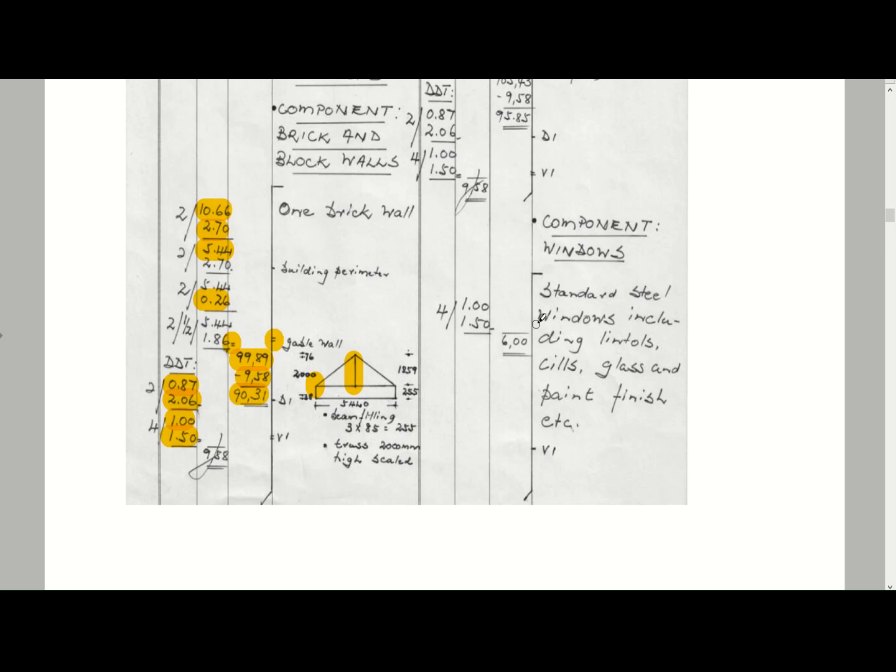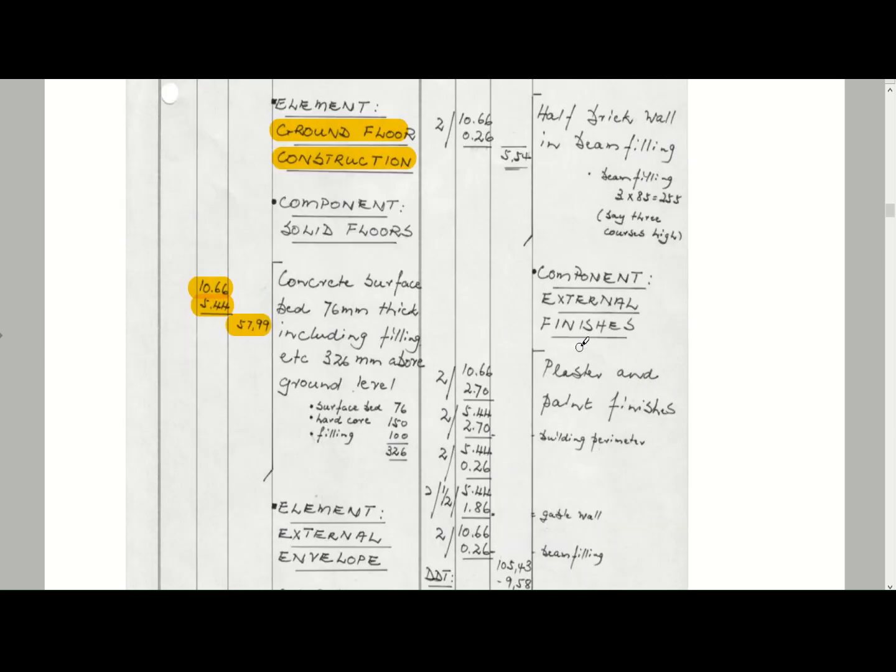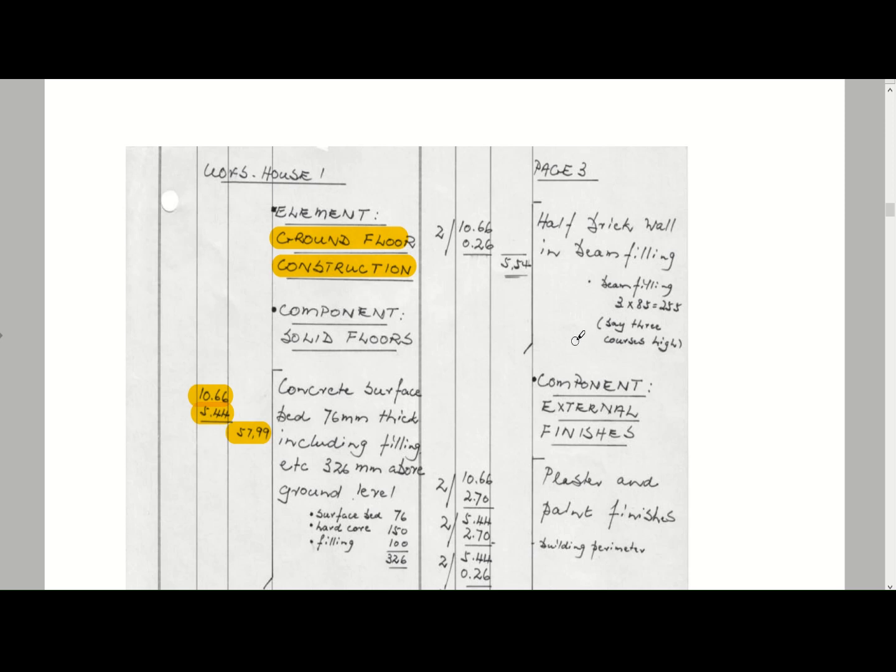One brick walls. Then we've got a 220 wall for our internal wall. This shows that in the foundation we had a 220 wall, and then in our top structure we have a 110 millimeter wall.